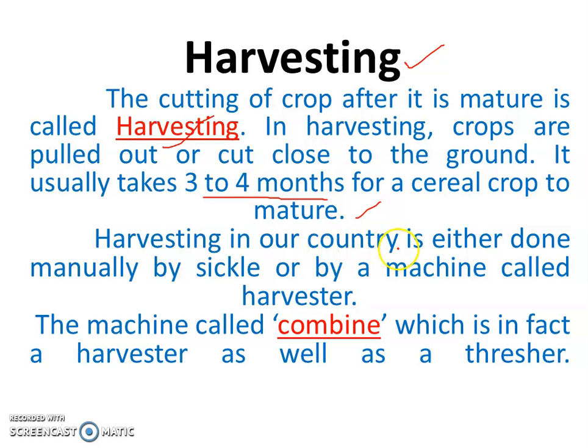Harvesting in our country is done either manually by the sickle or by a machine called harvester. The machine which can be used as harvester as well as thresher is called combine.